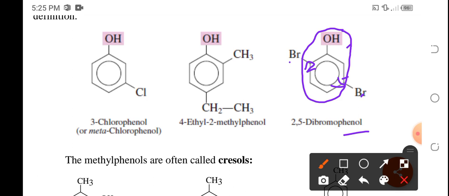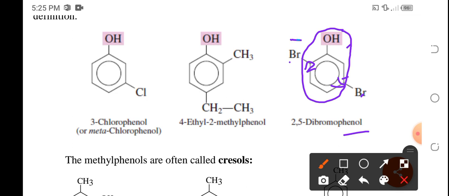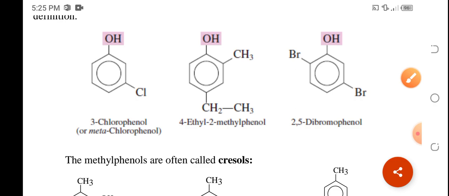The identity of the substituents other than the hydroxyl that are attached in the benzene ring are the same. They are both bromine. So therefore, we have to use a prefix di to denote that there are two same substituents. So this would be named as 2,5-dibromophenol.